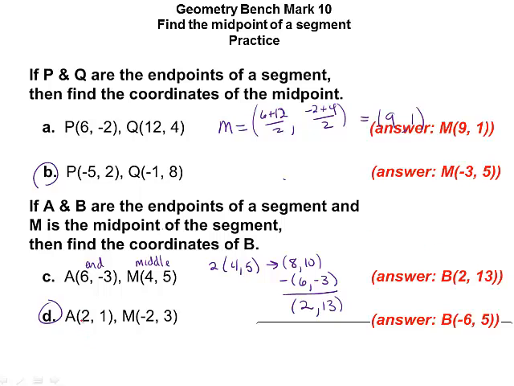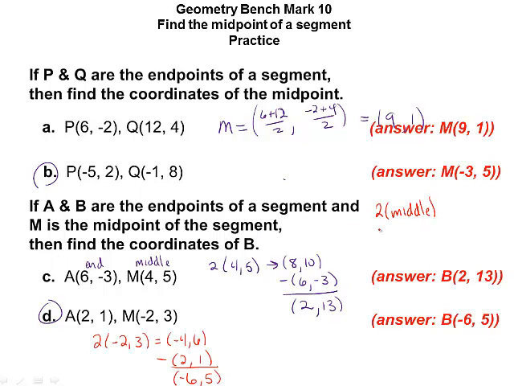Yeah, so I have the endpoint and the middle, so I do 2 times the middle, which will give me negative 4, 6, and then I subtract the endpoint. So negative 4 minus 2 is negative 6, and 6 minus 1 is 5. So with these, it's 2 times the middle minus the end. Or you can do it algebraically, which was back in the notes. It just takes up more room, so I don't really have room to put that here.